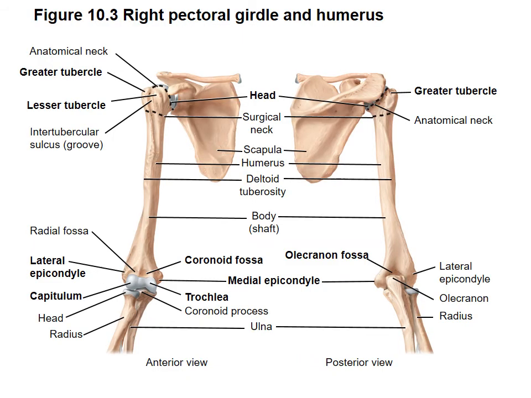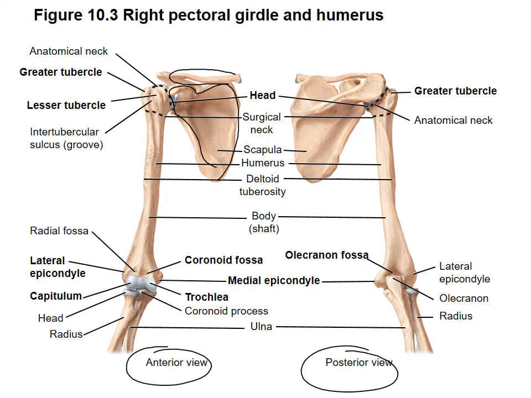So here's the right pectoral girdle and humerus. This is an anterior view on the left and a posterior view on the right. You have the scapula, easily seen, I'll outline it there, and the clavicle coming across there, and then you have your humerus.